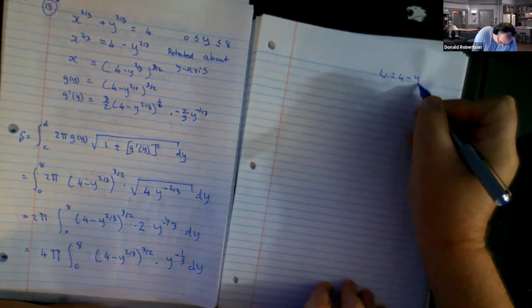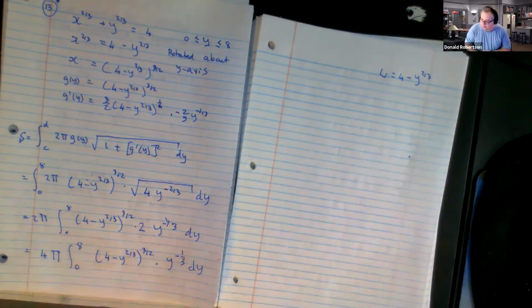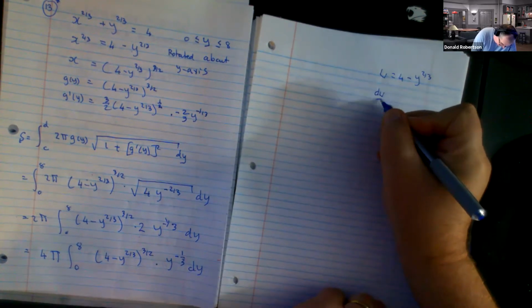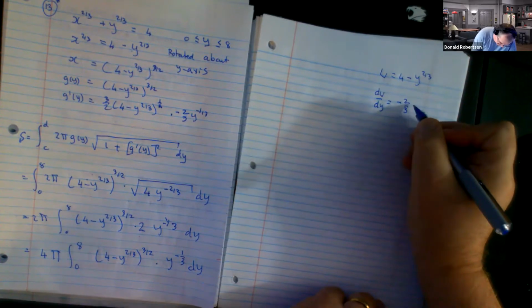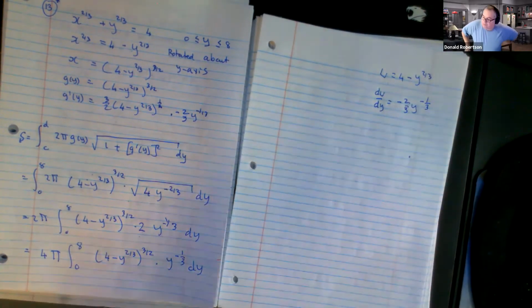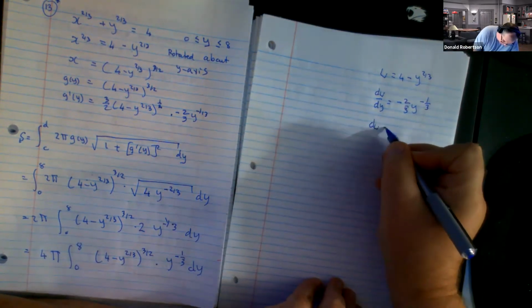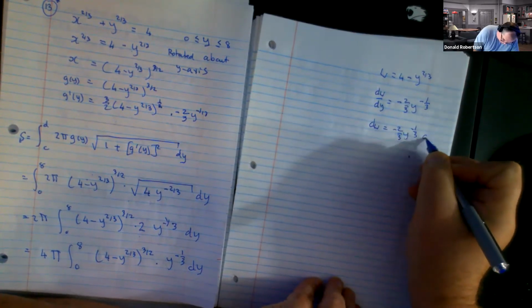And I'm assuming that you chose that because it's the ugly part inside this bracket, which is a good candidate. Now, when you differentiate with respect to y, you get negative 2/3 y to the negative 1/3. Okay. Now, if you do the crossover, you get du equals negative 2/3 y to the negative 1/3 dy.